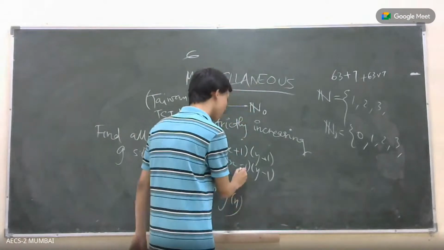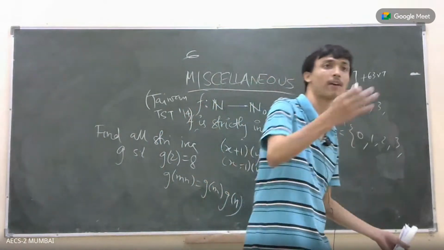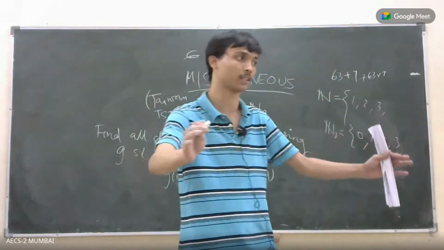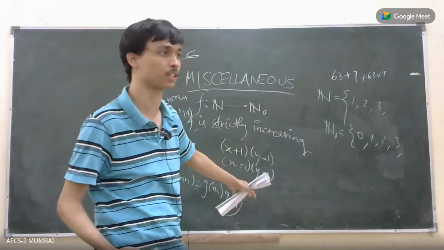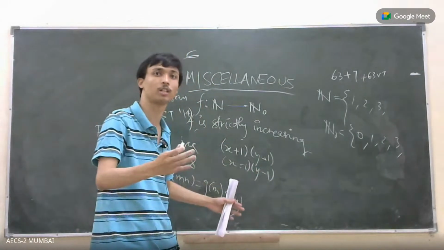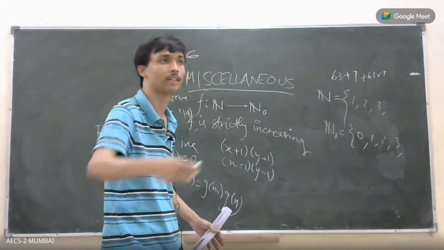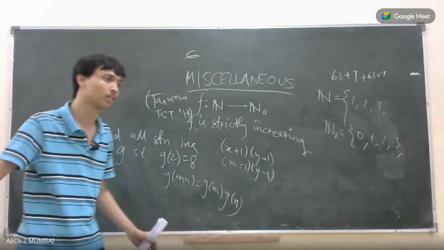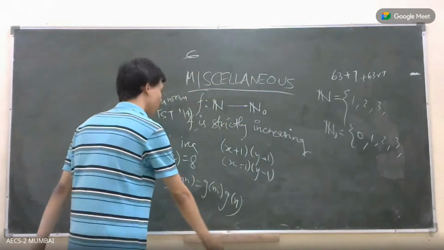Because when you choose terms to be minus 1, there is a chance of cancellations. If you choose f equal to g plus 1, nothing will ever cancel because everything will add up. We want some cancellations. So f of m will become g of m minus 1, f of n will become g of n minus 1, and indeed all the cancellations occur and you get this.